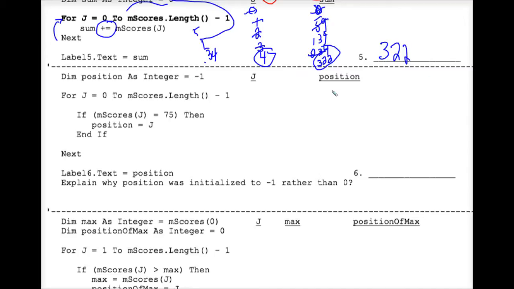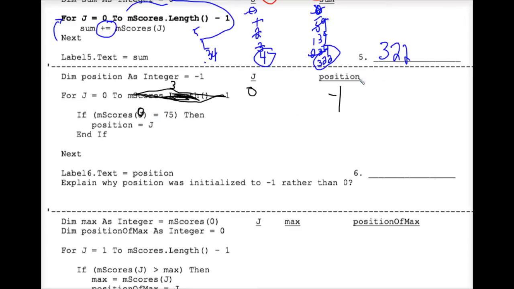Position is -1. J is 0. M scores length minus 1, for the same reason it was 3 up here, it ends up being 3, all of this. If M scores J equals 75, well, J is currently 0.